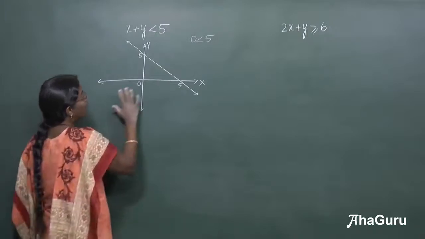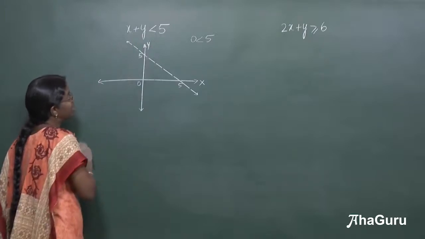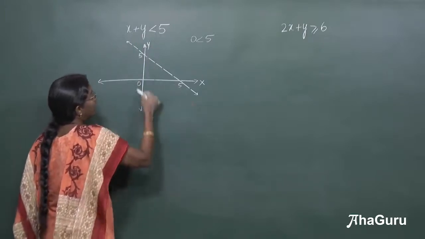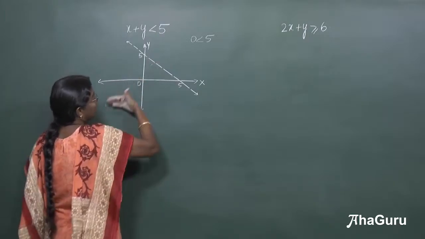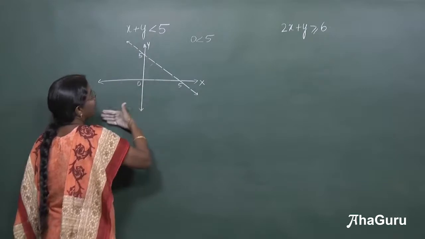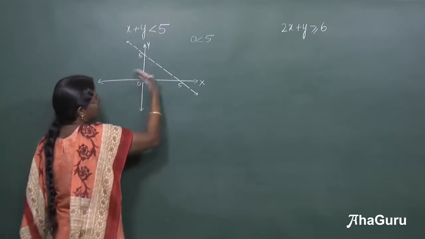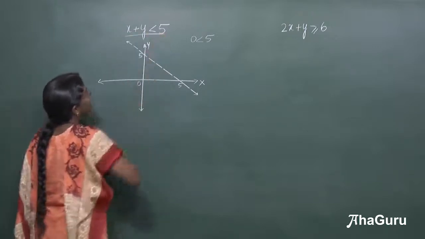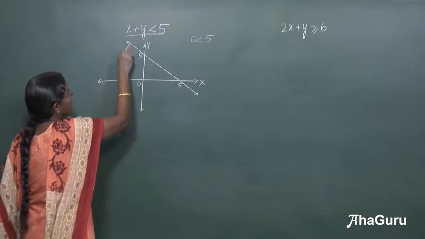So, the region for this inequality x plus y less than 5 will be the complete unbounded region lying to the side of the origin, that is this side of the line. The entire region below the line will be the solution for this inequality. It will be this complete region.